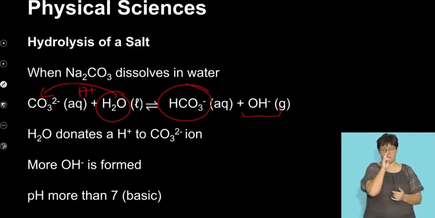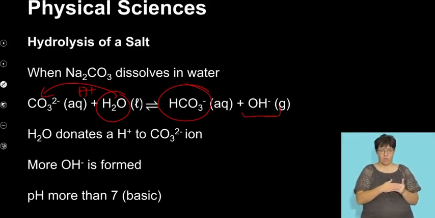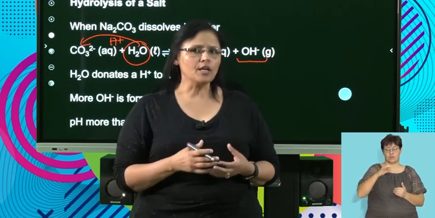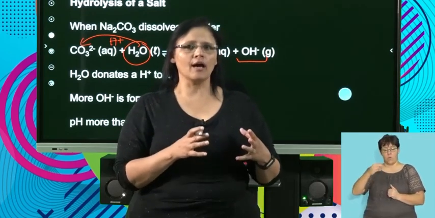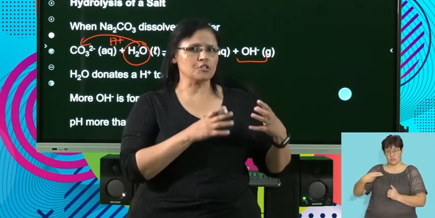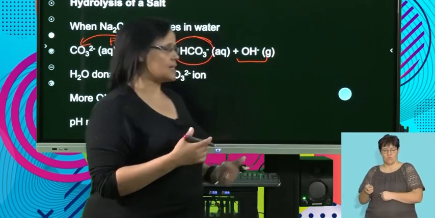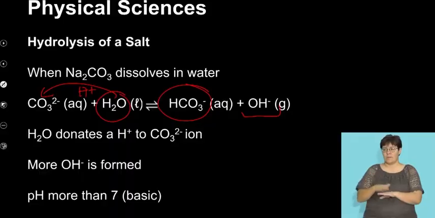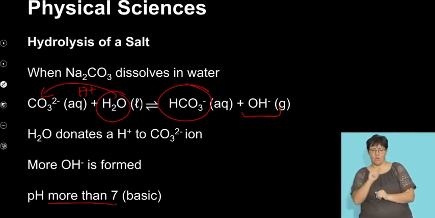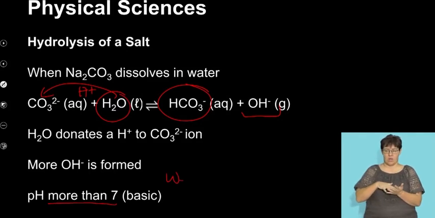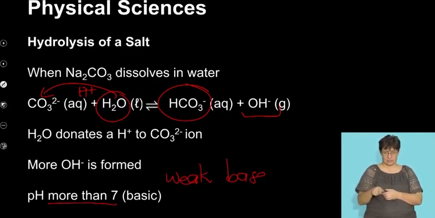So now we can see there's more hydroxide ions in solution, and more hydroxide ions in solution means that we have to do something to do with the base. So in this case, we have a base, and a base means that the pH is slightly more than 7. Why do I say it's slightly more than 7? Because the base is a weak base that will form.